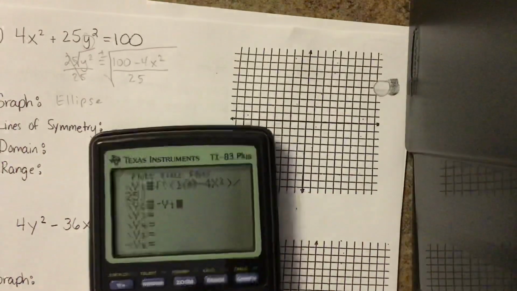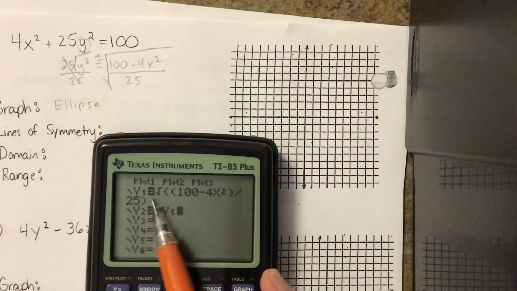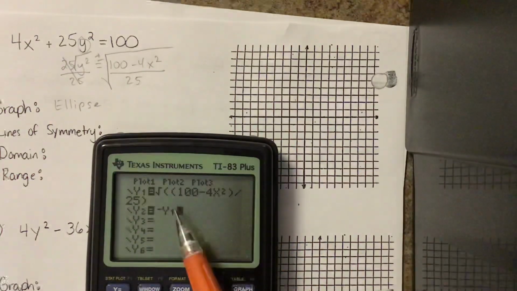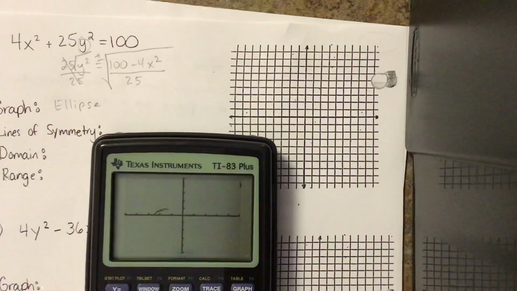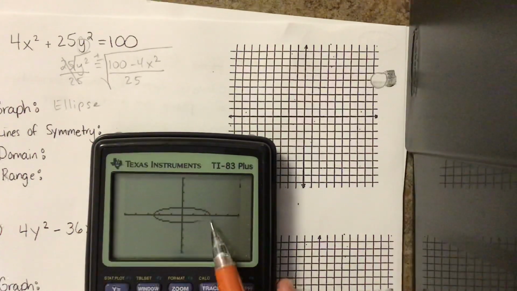So that'll do the opposite of what I just put in for y1. All right, let's make sure I got it in there. And we're going to graph. Okay, there we have an ellipse. And there's the top half, there's the bottom half, closed up.